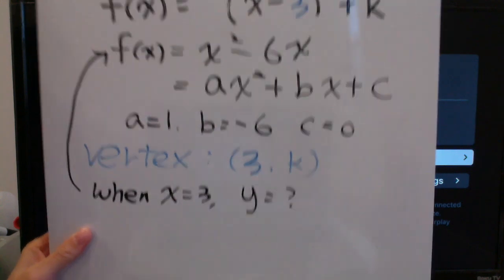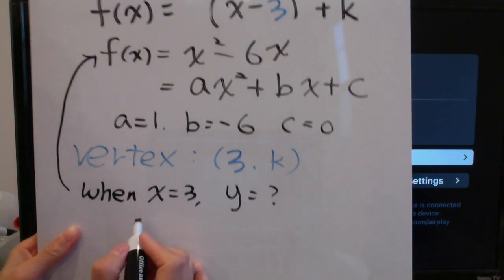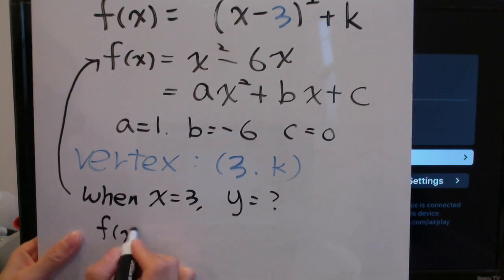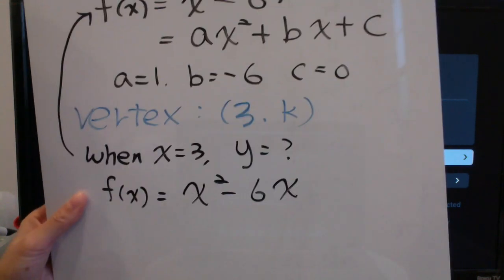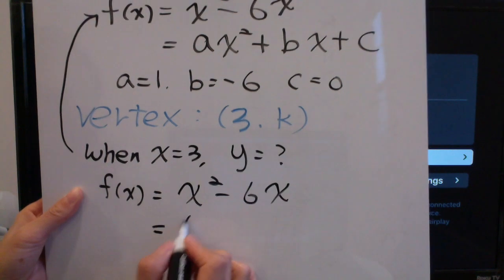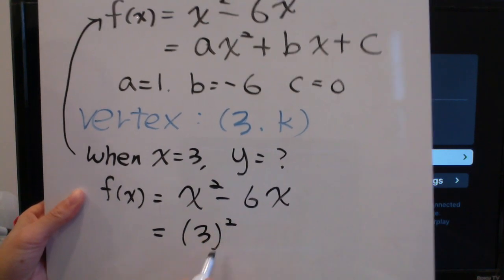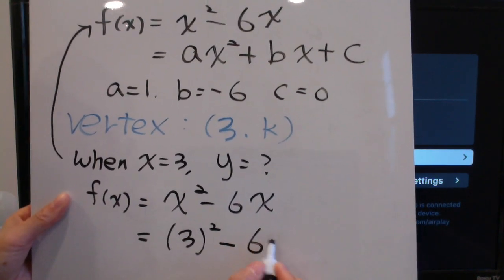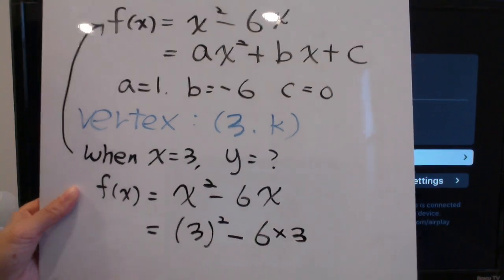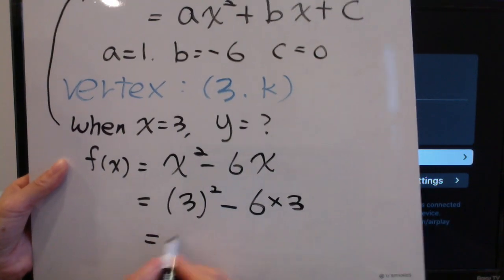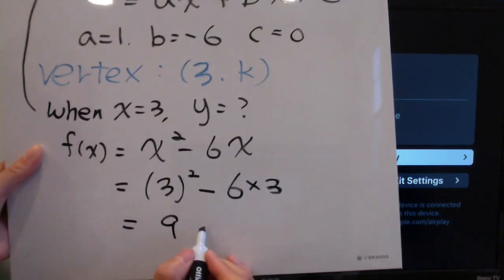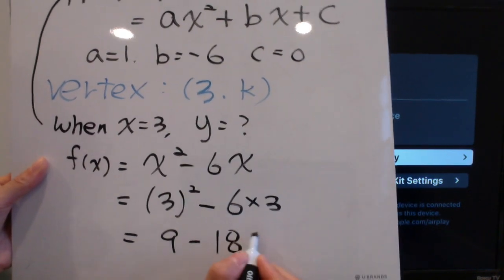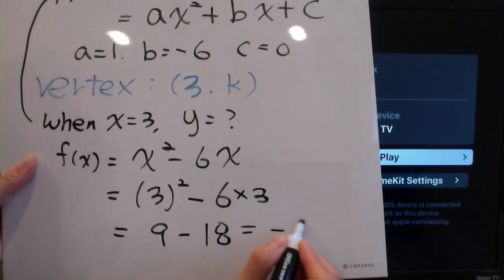Okay, so f(x) is x squared negative 6x, 3, it means times. So 3 squared is 3 times 3, right? So this 9 minus 18 is minus 9.